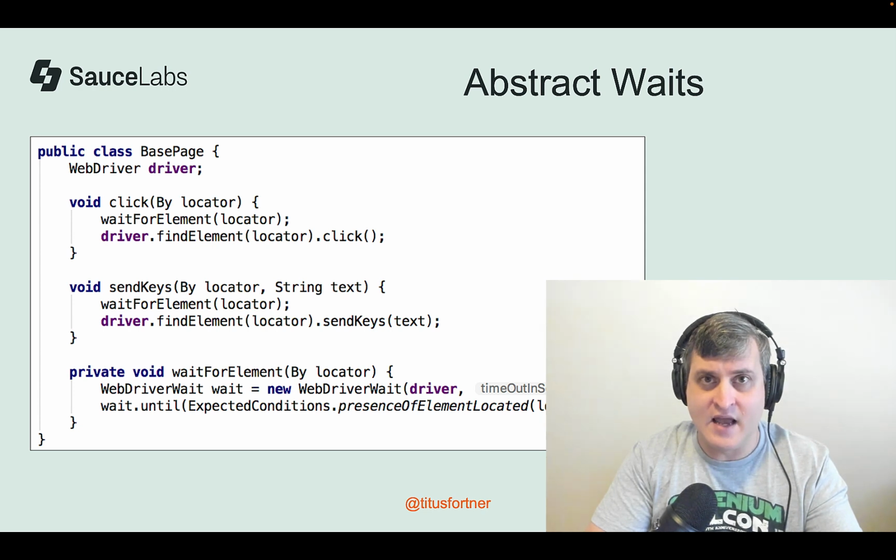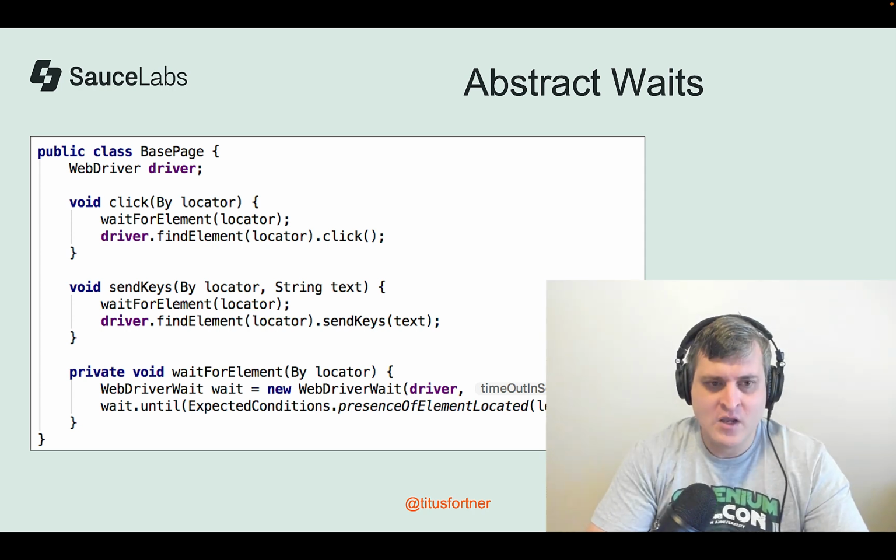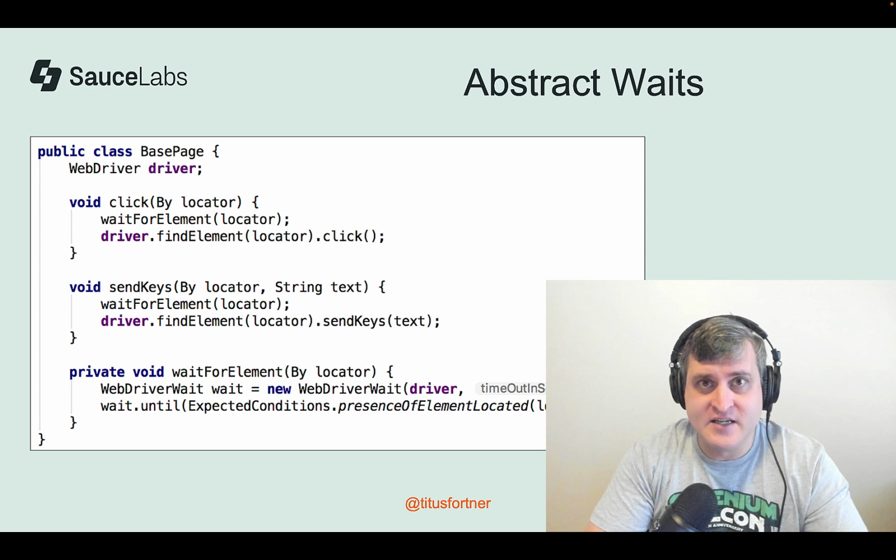Sometimes the object in memory that the driver is referencing changes because the DOM itself has moved around in a way that the driver no longer has that object ID associated with that element, and it will give a stale element exception. So the great thing about abstract waits is that it's global.